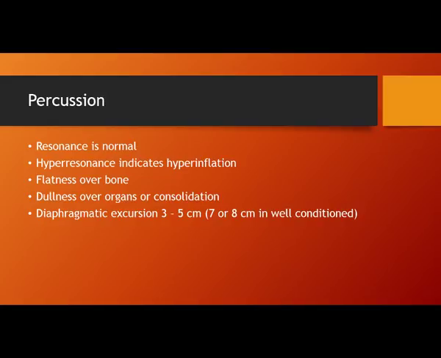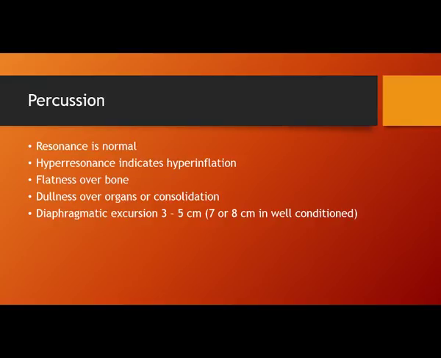Then you're going to have the person breathe out where their lungs are empty, and do the percussion to see where that change occurs, and you're going to mark that spot with a marking pen of some kind, an erasable marking pen.